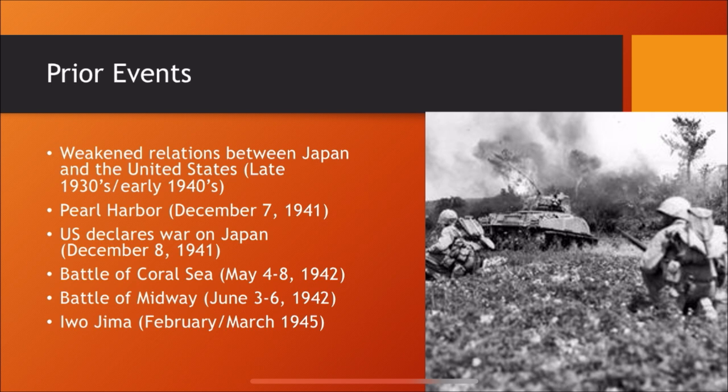Japan went into fighting with China and went into imperialistic measures trying to take over Southeast Asia. The United States, however, was not fond of Japan's aggression. So as a result, they placed economic embargoes on Japan.